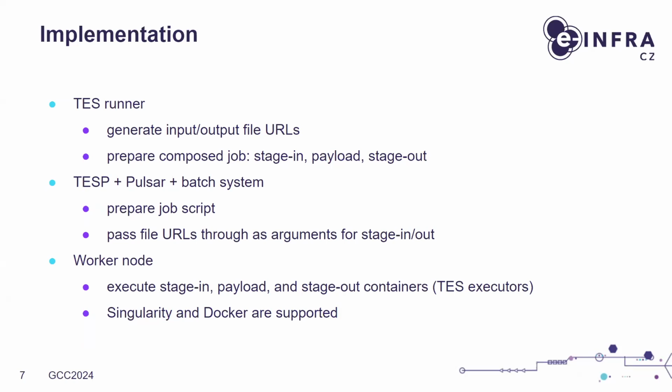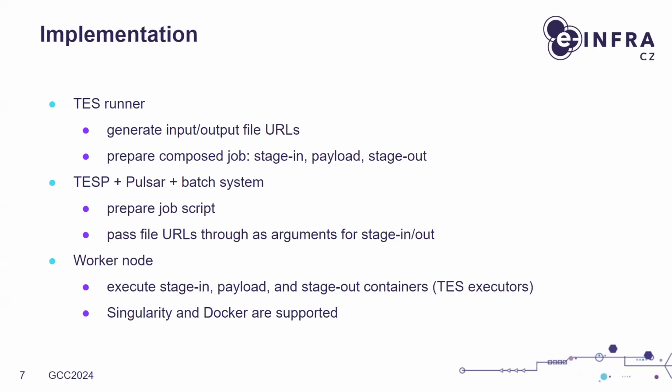The worker node itself executes the job script that was created here, and it contains 3 stages: the staging of the data, run in one container that usually contains just curl or an S3 client or whatever. Then there is the payload container, which is unchanged, some biocontainers and so on. And the stager container is again with curl, and just uploads the data back to the server.